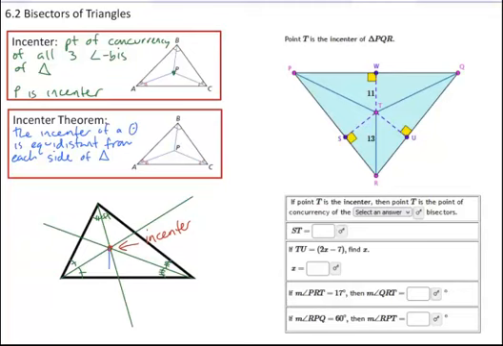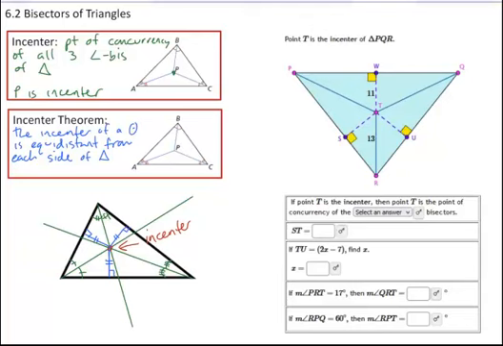So that means that this distance, remember distance is a perpendicular measure, is the same as this distance. Oops, I'll use just 2 tick marks for each of these. And it's the same as this. Now again, these are perpendicular measurements, so these are all the same.